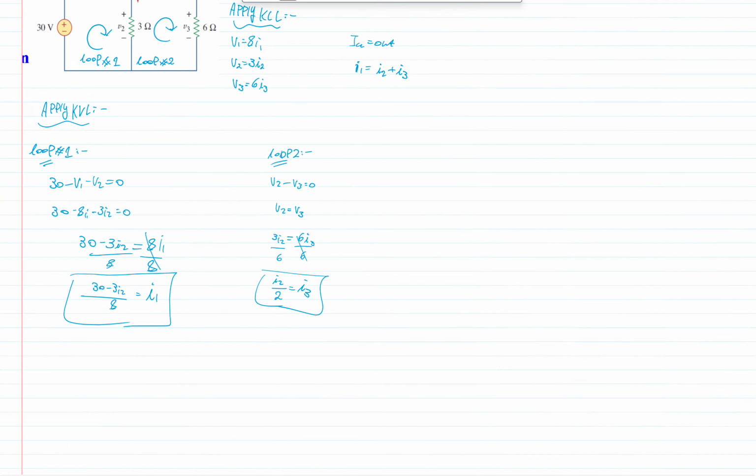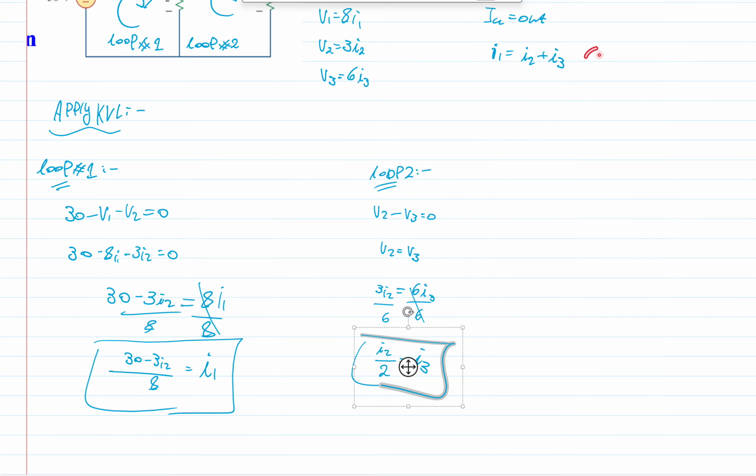All right, so we'll just replace those equations into this equation. We'll find I2, the value of I2. So let's do that. I1 is how much? 30 minus 3I2 over 8. I2 is how much? That's just I2. For I3, it's going to become I2 over 2. Finding that, we'll get the value of I2, which is how much? 2 amperes.